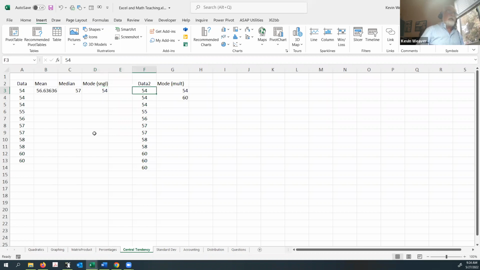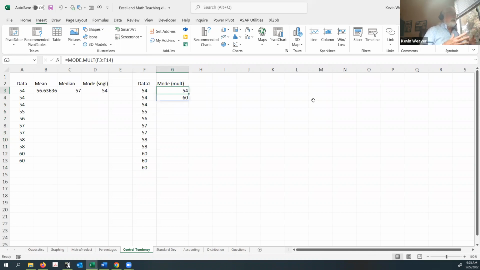If I change the data set so that in this particular case, it has 12 elements, 3 of which are 54, and 3 of which are 60, to play it safe, I could use mode.mult of the data set.